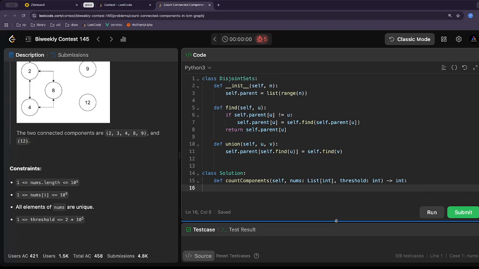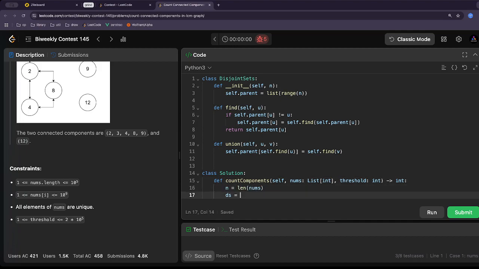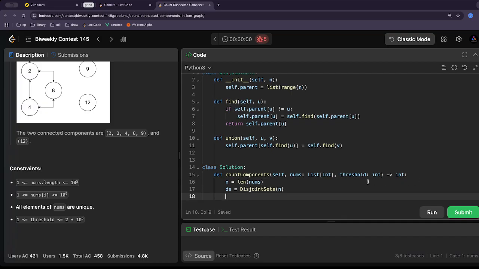All right, so now let's write this down. So we have the disjoint sets of n. Let's call this DH to make it easier to type.